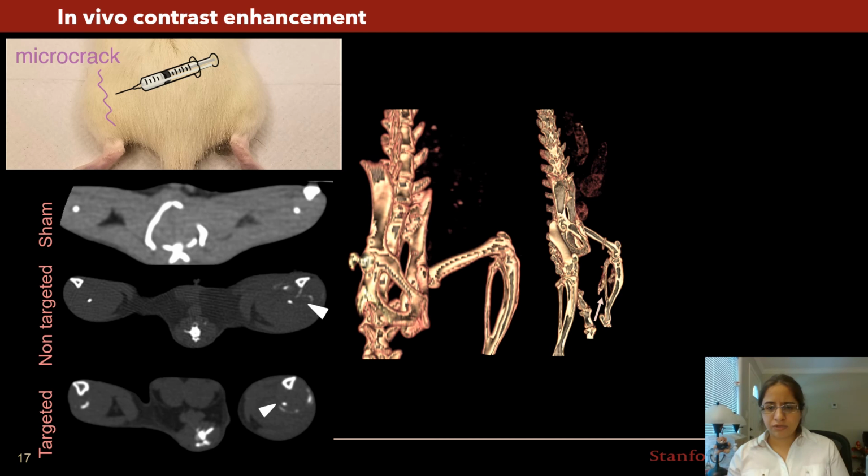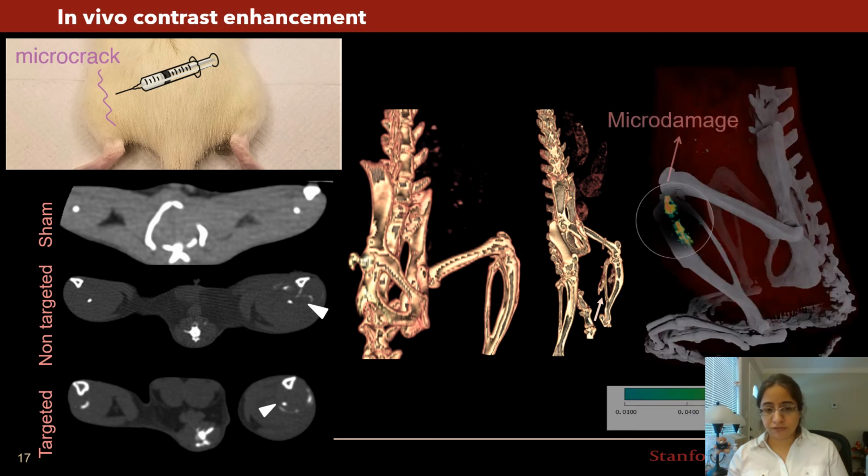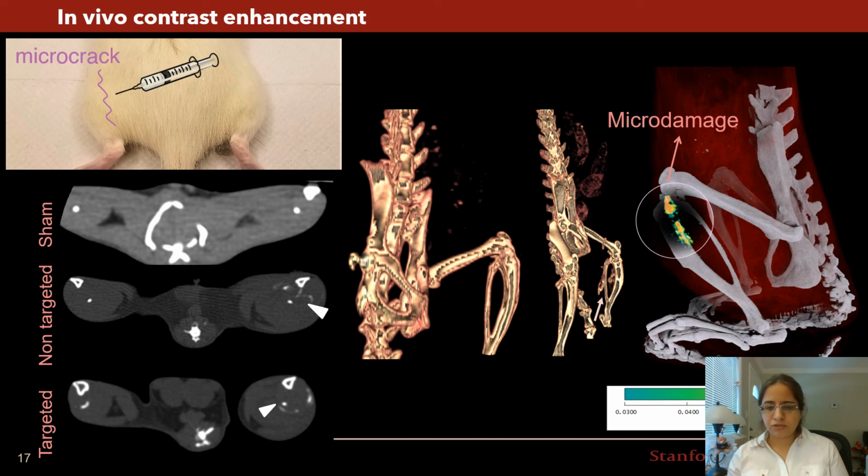And this is the 3D reconstruction of the similar experiment in the conventional CT. But then the true microdamage site identification came from spectral CT, where not only could we localize the microdamage site appropriately and with precision, but also we could look at the concentration of hafnium accumulated at the microdamage site.